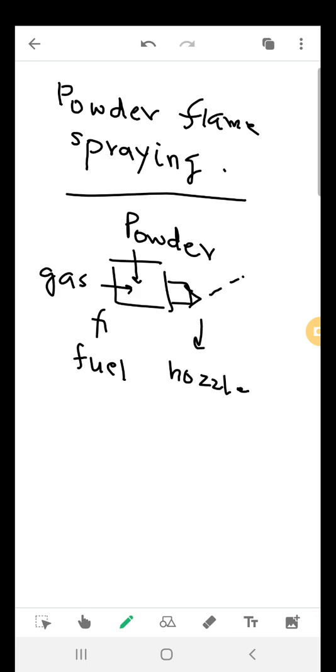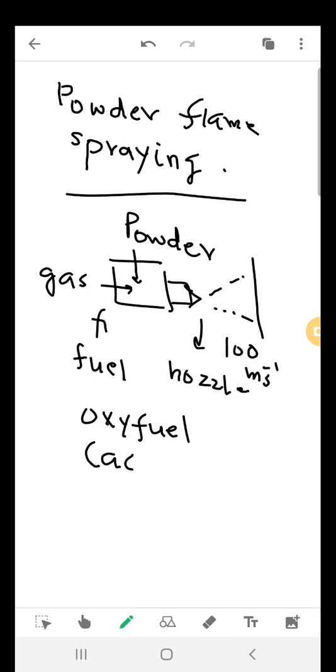From the nozzle again the molten droplets at around 100 meters per second evolve, and they get deposited onto the substrate. Again, you have oxyfuel, which is acetylene, and it produces around 3000 Kelvin temperature.